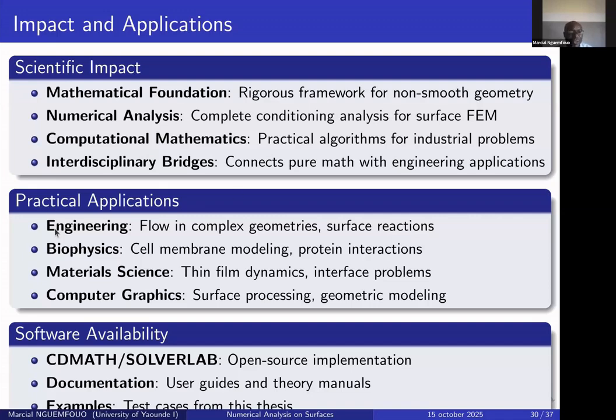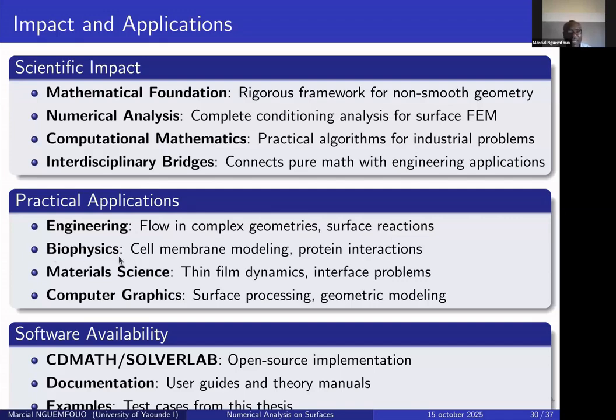Some practical applications in engineering: flow in complex geometry like the Darcy equation, Navier-Stokes equation, Darcy-Forchheimer-Brinkman. We can add a lot of things like optimal transport, optimal control, entropy, and they give a lot of applications.